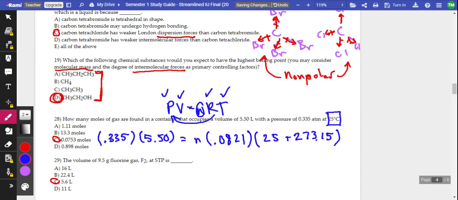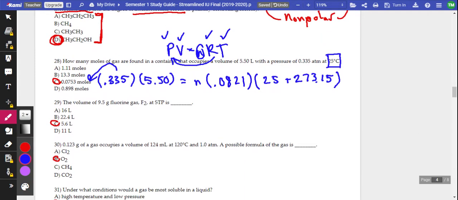From there, you just plug in your numbers and multiply and divide. So we'll take 0.335 times 5.5 and then divide it by 0.0821 times about 298.15. Take that answer and divide it by what we get over here to isolate n, just get moles. And we should end up with this answer here. Because that's just multiplying and dividing, I'm going to leave that one there, and hopefully that will be enough.